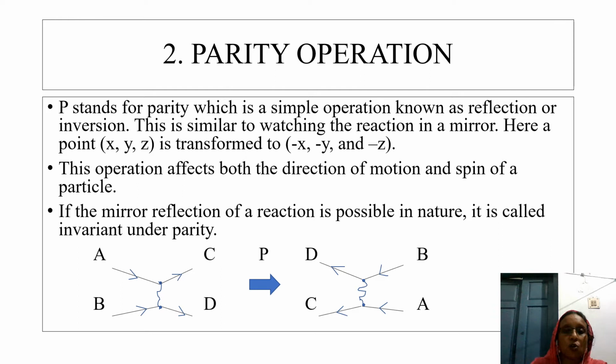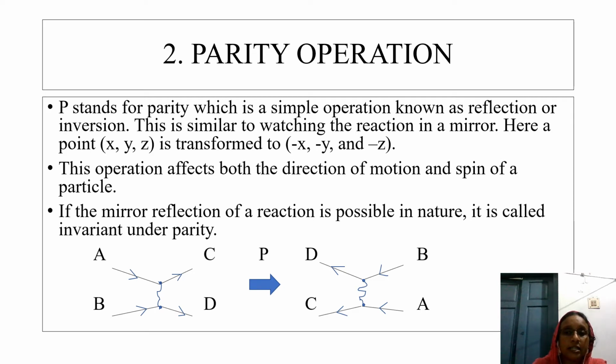The second operation is the parity operation. P is the letter used to represent parity. It is a simple operation known as space inversion or reflection. That means the parity operator is just like taking a mirror reflection.